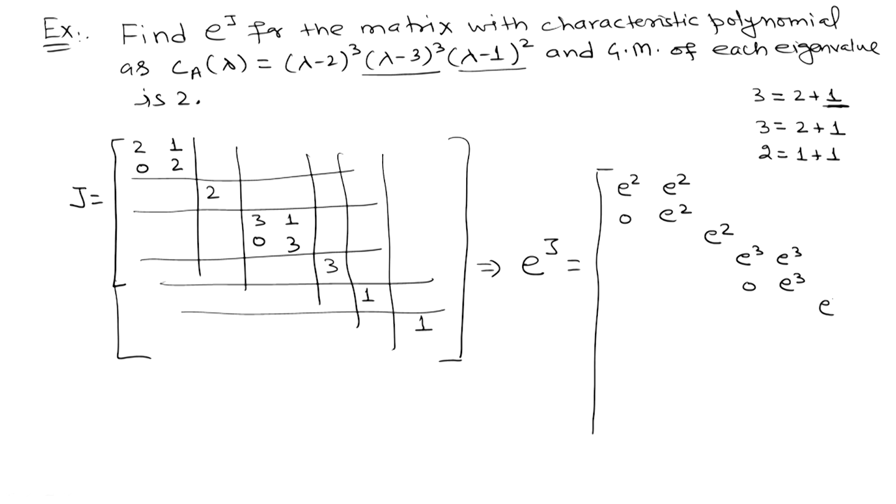Then I will come here e raised to power 3, e and e, and the rest will be 0. So, this is the corresponding e raised to power J for the given matrix. In this way you can write e raised to power J, and e raised to power A will become S into e raised to power J into S inverse.